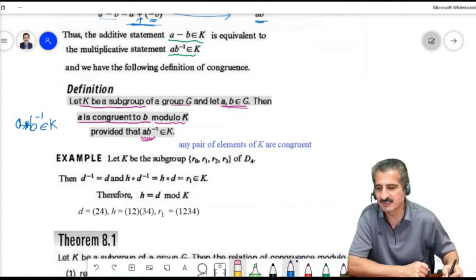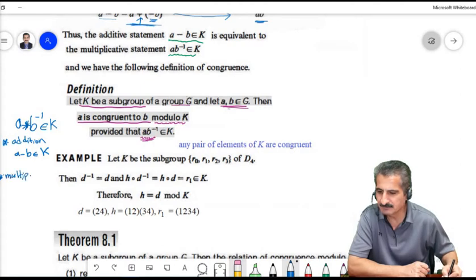In such a case, this will be a minus b belongs to K, and if the star is multiplication, that will be a b inverse belongs to K.